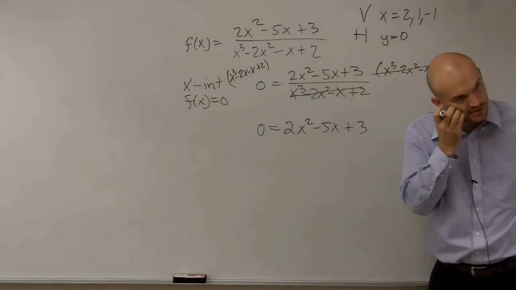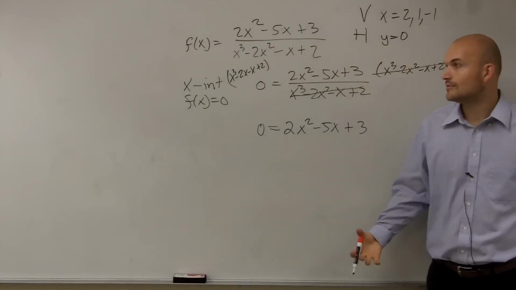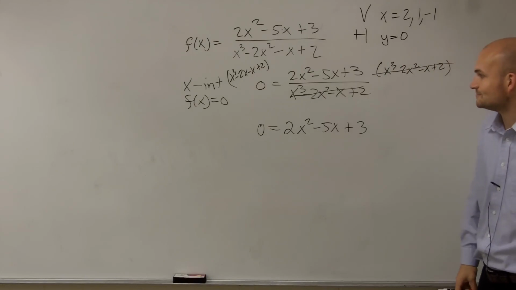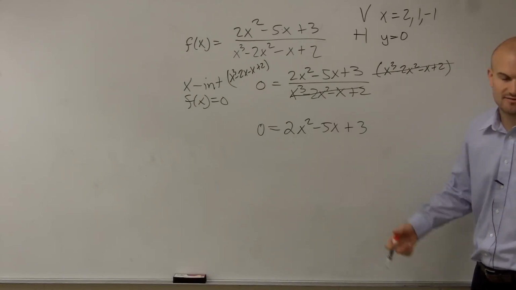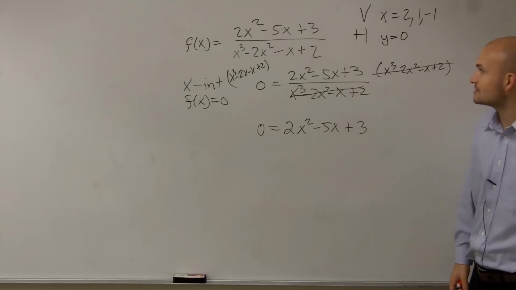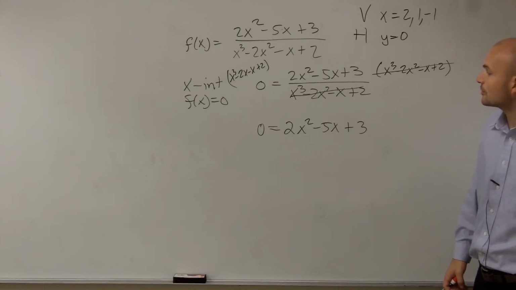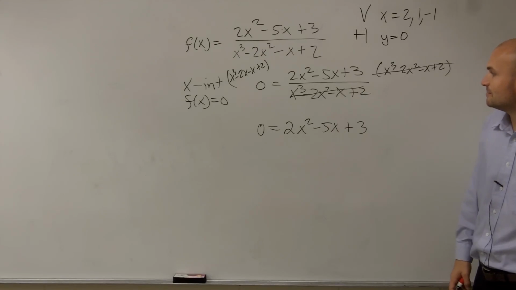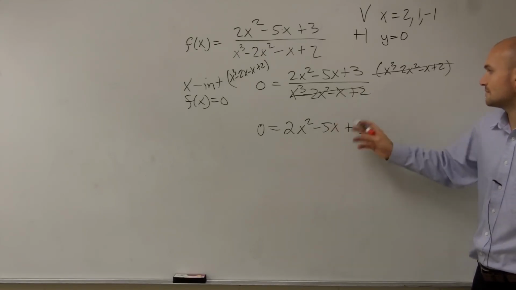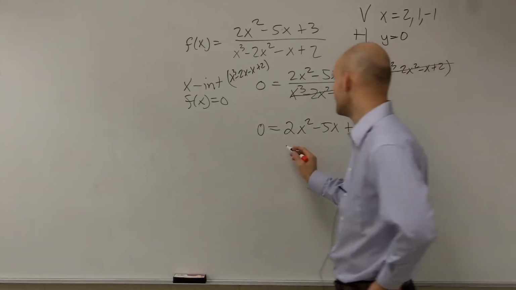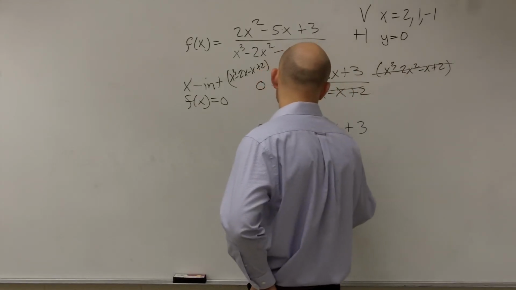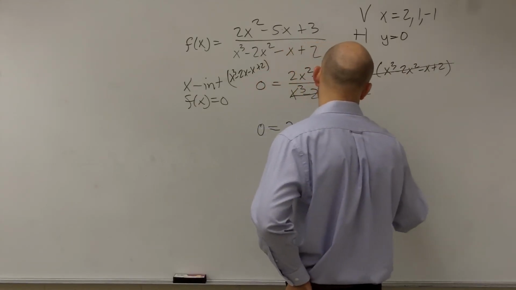Then you have to ask, what do I need to do now? I need to see if I can factor this. What two terms multiply to give me 2x squared? 2x times x.